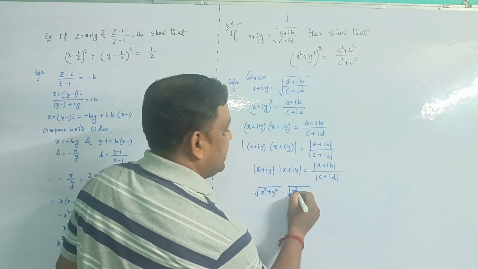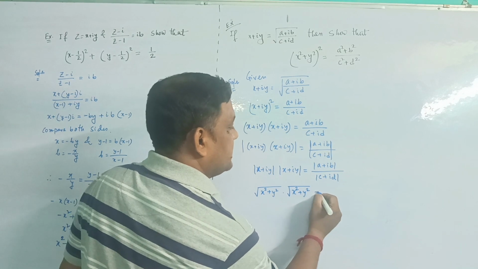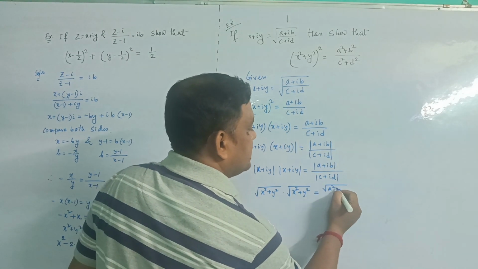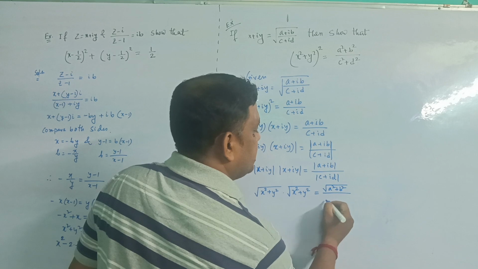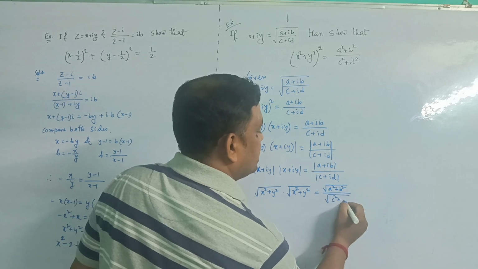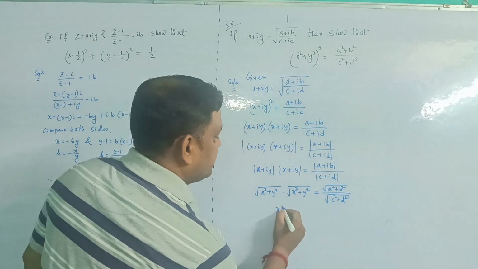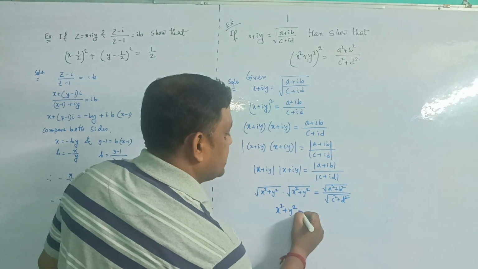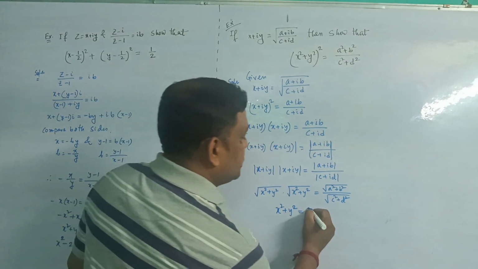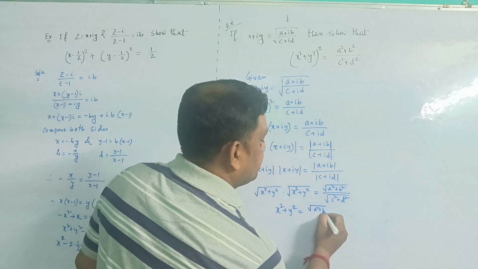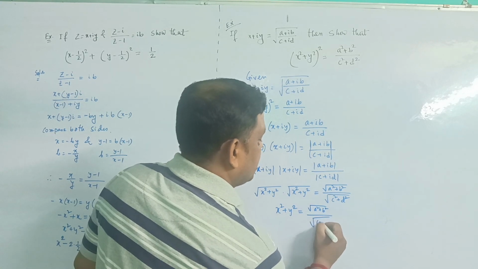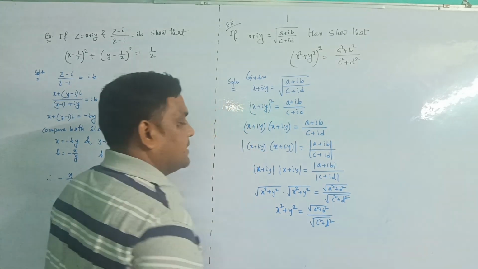Here also we can write x square plus y square. This is equal to root under (a square plus b square) divided by root under (c square plus d square). So this into this, we can write x square plus y square, which is equal to root under (a square plus b square) by root under (c square plus d square).